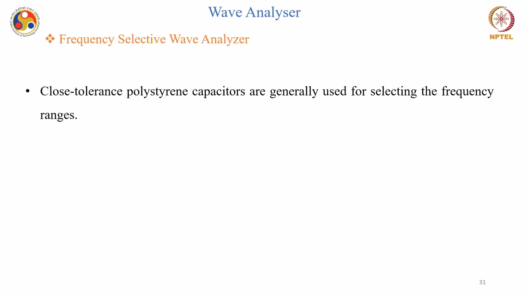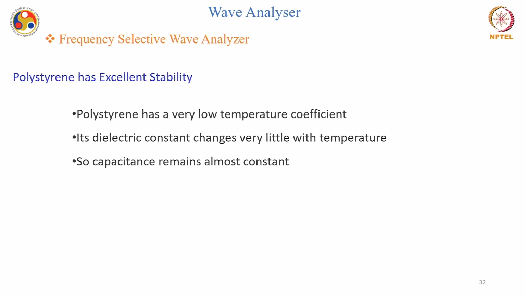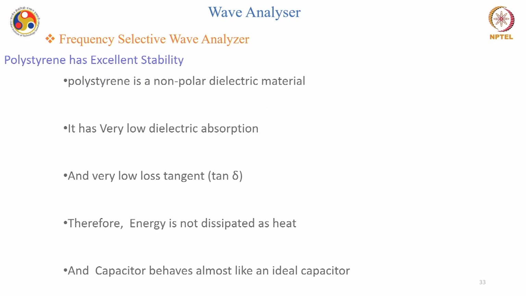Close tolerance polystyrene capacitors are generally used for selecting the frequency ranges. Polystyrene capacitors are used because polystyrene has excellent stability. They have a very low temperature coefficient and its dielectric constant changes very little over temperature. Therefore, capacitance remains almost constant even with a variation in ambient conditions.